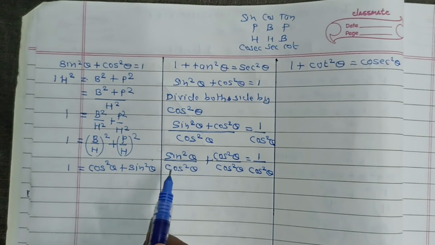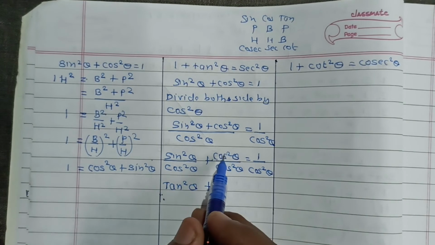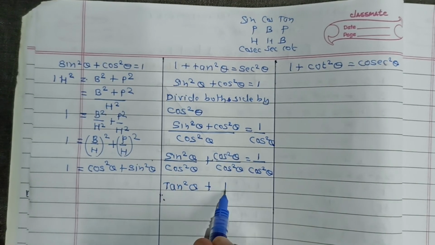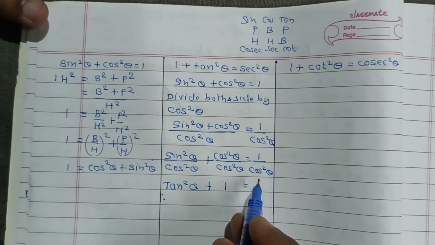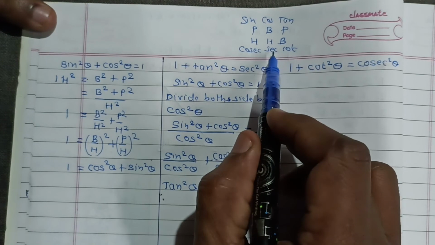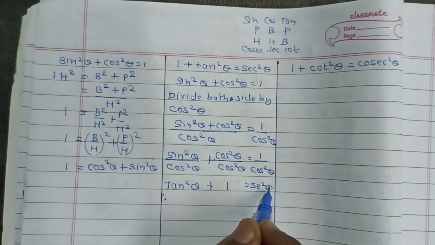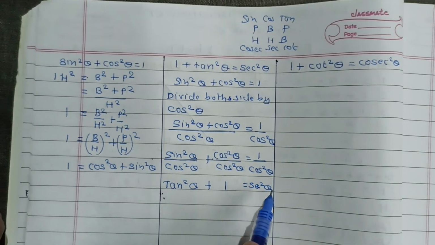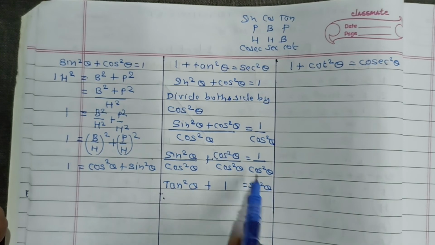This sin²θ upon cos²θ is tan²θ plus cos²θ upon cos²θ is 1, is equal to 1 upon cos²θ. So what is the reciprocal of cos? Sec. So therefore you can write this as sec²θ. So this is how you can derive the second identity, that is tan²θ plus 1 is equal to sec²θ.